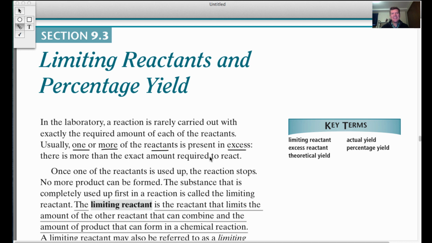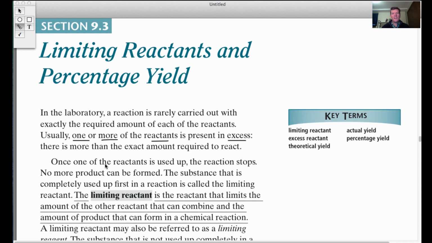In other words, they're not in the perfect ratio that is expressed in the balanced equation. So one is going to run out before the other, and the whole reaction is going to stop, because once one of them is gone, the other one has nothing to react with. So once one of the reactants is used up, the reaction stops.